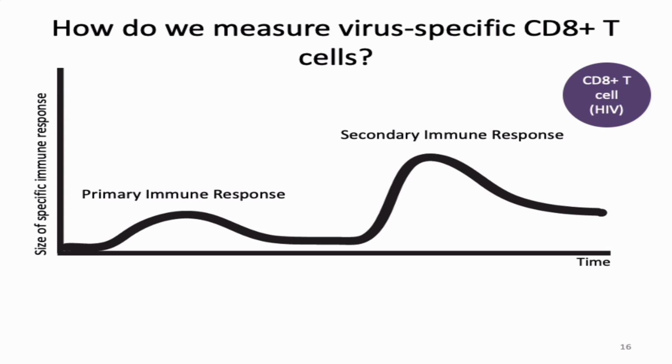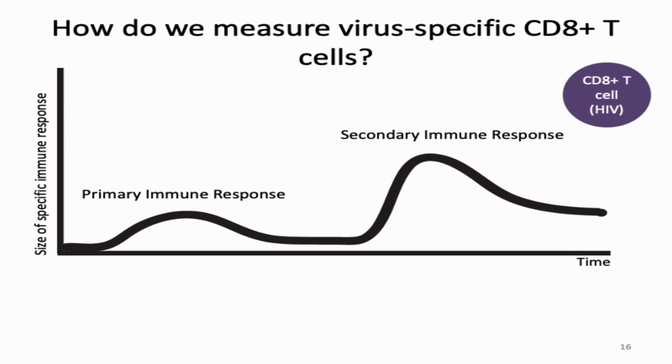So what you can see is that I gave my mice vaccines at a couple different time points, and I specifically wanted to measure the size of their immune response, and I cared about how many virus-specific CD8 positive T cells they had. So I wanted to make a graph like this, where at day 0, they had this many, and at day 4, they had this many, and at day 7, they had this many, and day 10, they had this many.